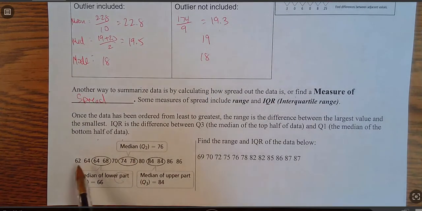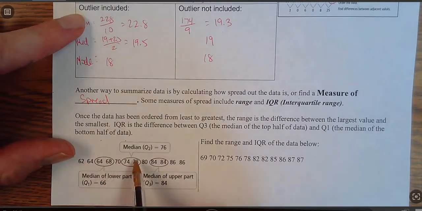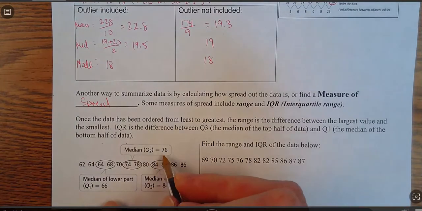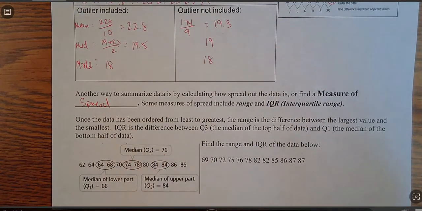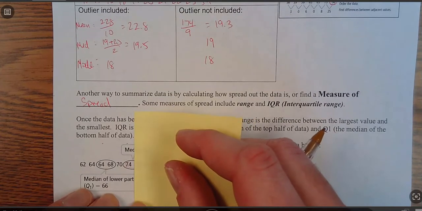So in this data, we order it from least to greatest. If we want to find the median, count them off. The middle two numbers are right here. So the median is 76. Now, we want to take away the top half and the median. So if I take away the top half, including the median, that means I'm going to cover this up. 74 stays, because 74 wasn't the median.